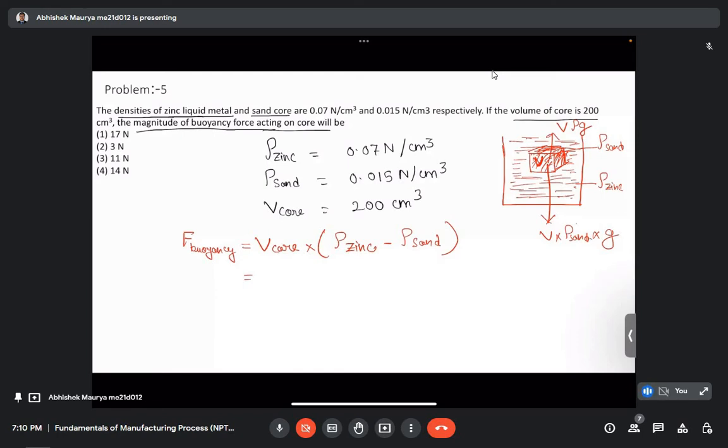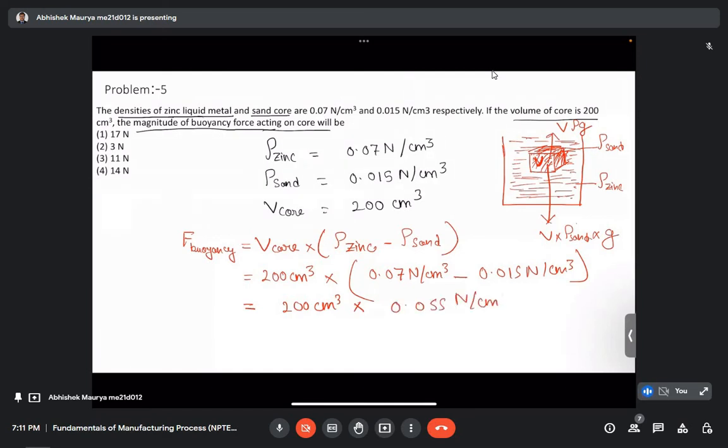So we will try to put the values here. The density of zinc minus the raw sand, which is equal to 0.055 Newton per centimeter cube, multiplied by 200 centimeter cube.